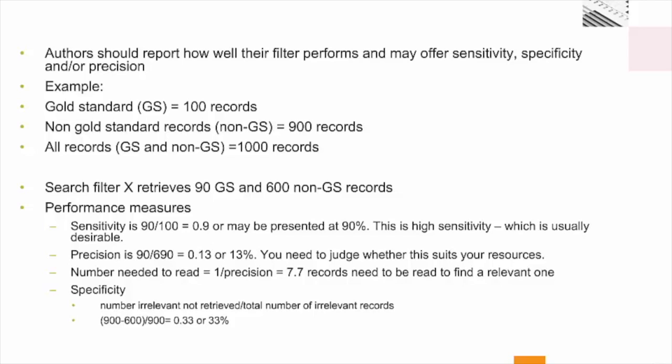And then when we add a filter to that set of records, the retrieval will inevitably go down. We will find 90, this filter performs so that it finds 90 of the gold standard and 600 of the non-gold standard. So the search filter is likely always to reduce the precision, and probably always will reduce the sensitivity in some way down from a subject search.